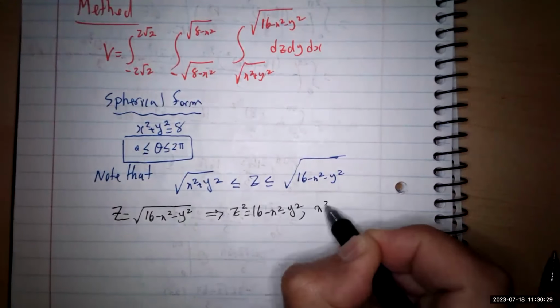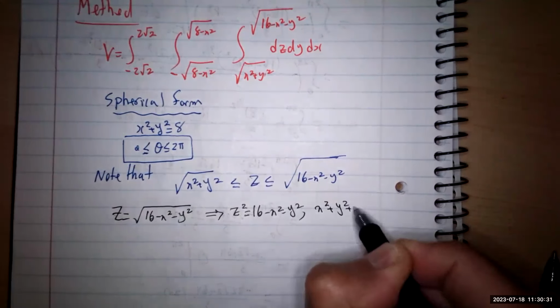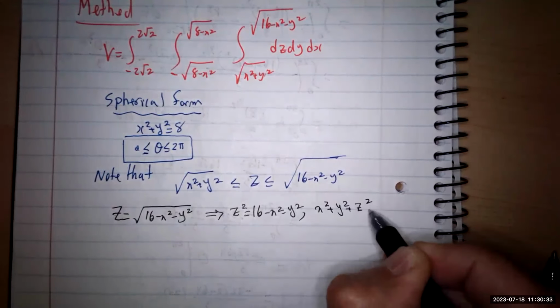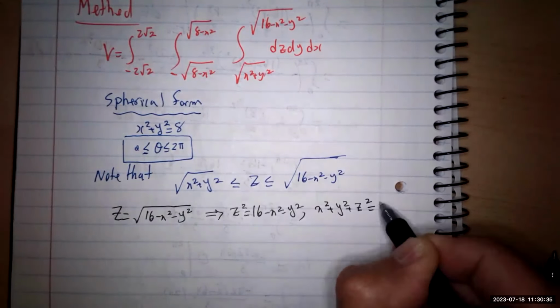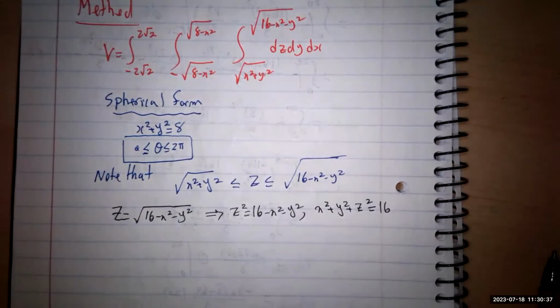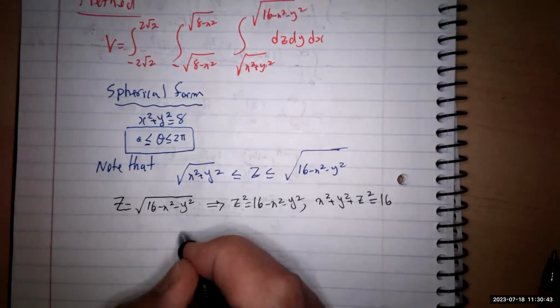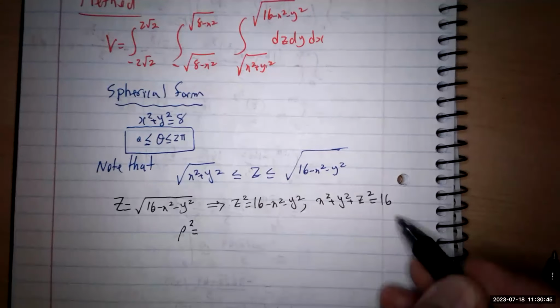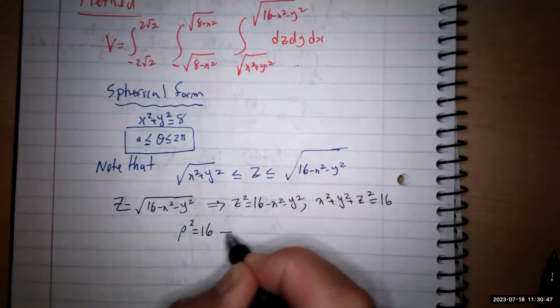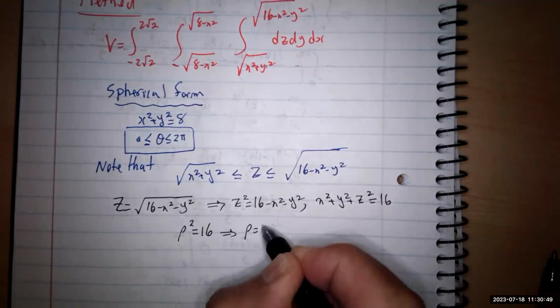And if you move it to the other side, x squared plus y squared plus z squared would be equal to 16, and you know that this is rho squared, it's a sphere. So that gives you that rho squared is equal to 16. So rho equal to 4.